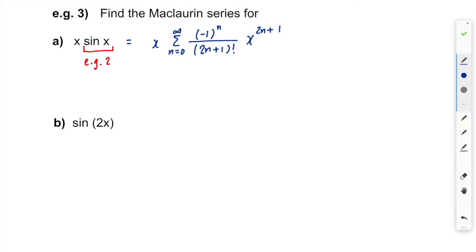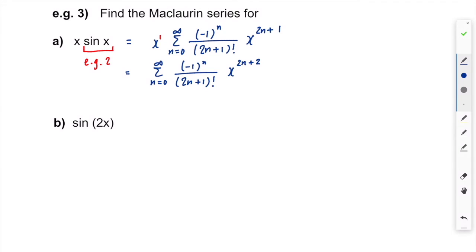Using exponent laws, here I'm multiplying x to the power of 1 to x to the power of 2n plus 1. That allows me to combine the x's as the following. So here I have x to the power of 2n plus 1, which is plus 2.